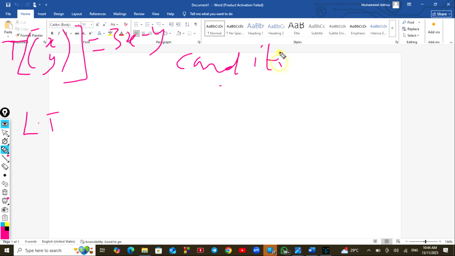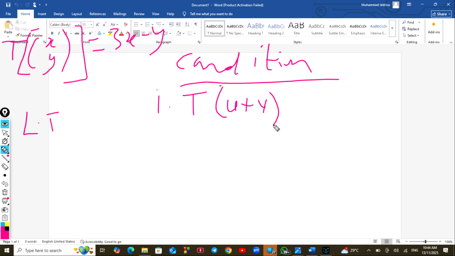There are two key conditions surrounding a matrix transformation. One of them is that the transformation of u plus v, where u and v are two different vectors, is equal to the transformation of u plus the transformation of v.